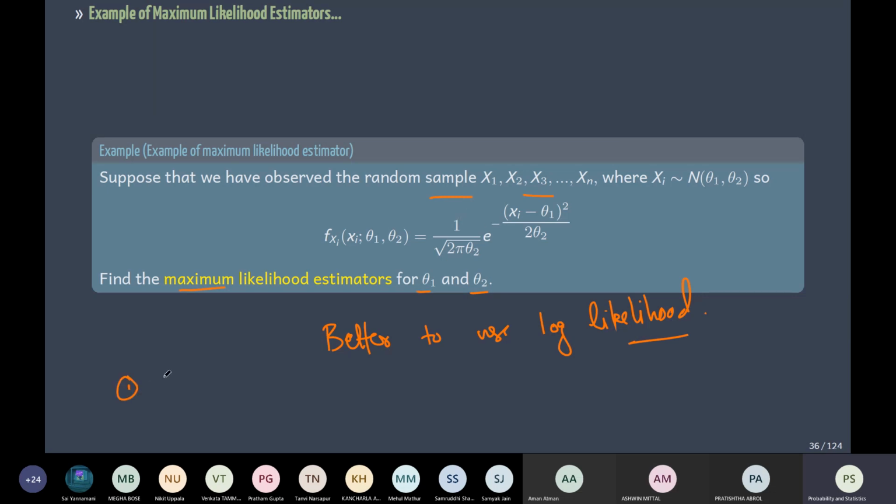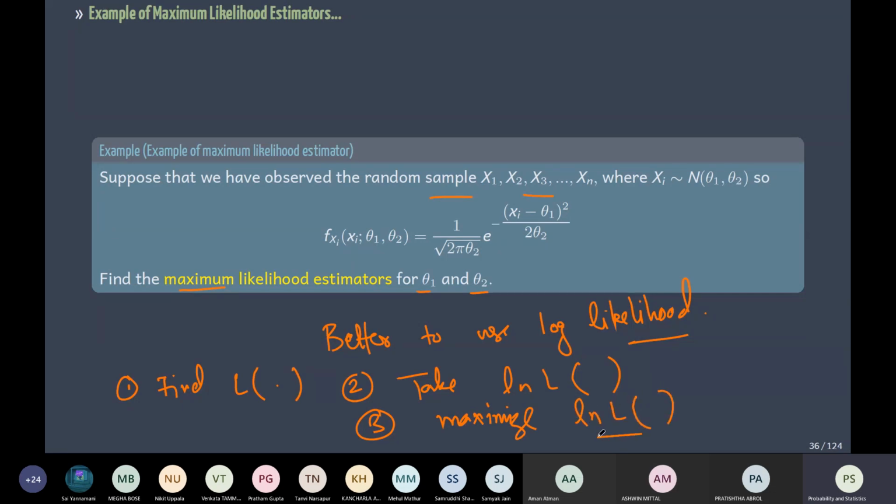So the steps will be: find the likelihood function, and then the second step is to take ln of the likelihood function and maximize ln L. The place where it gets maximized will be the same place at which L will be maximized.